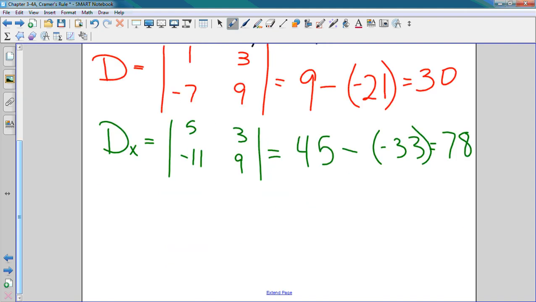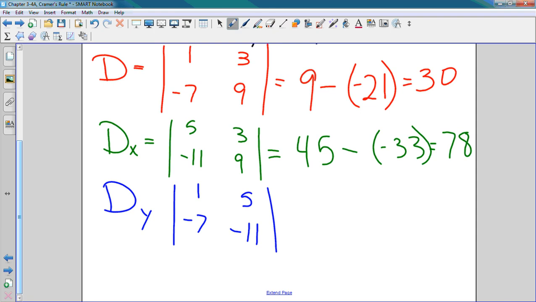Now find dy. For dy, A's go first, so I have 1, negative 7. C's go second, I have 5, negative 11. If you want to do it this way, you can think, the first column of the top two is just these two: 1, negative 7, 5, negative 11.